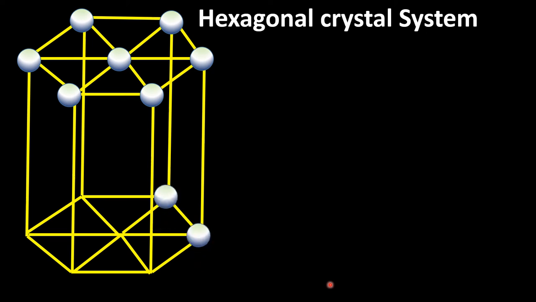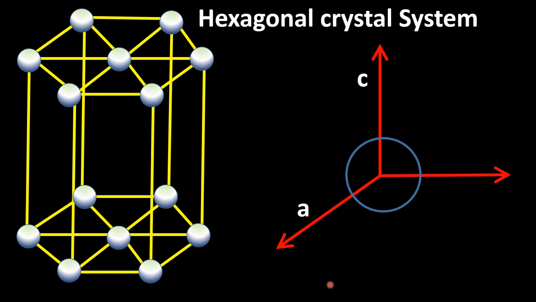In the same way, in the bottom hexagon we have the atom at each of the 6 corners and at the center of this hexagon. So this is our hexagonal crystal system, which has 6 atoms at the corners of the hexagon, 1 at the top and 1 at the bottom, and 1 atom at the center of each hexagon.